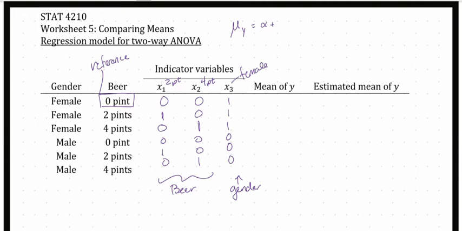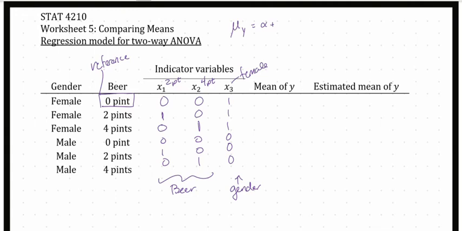Now what we want to do is fill in the mean of y for each of these combinations within the model. It might help to complete what we were starting for our model up here, because now we know how many variables we have. We have 2 indicator variables for the amount of beer. We have 1 indicator variable for gender.